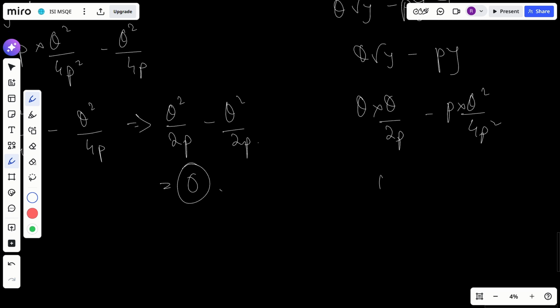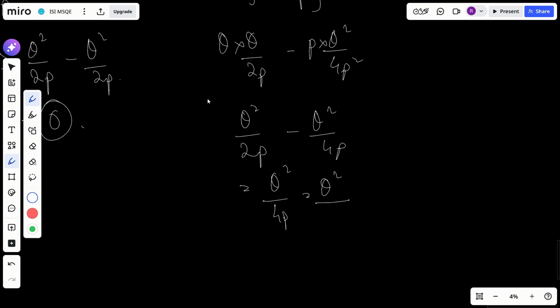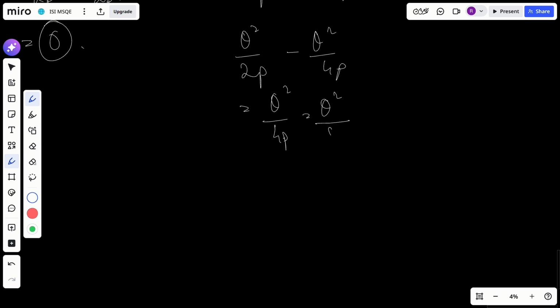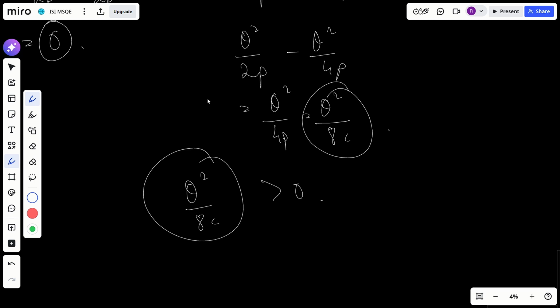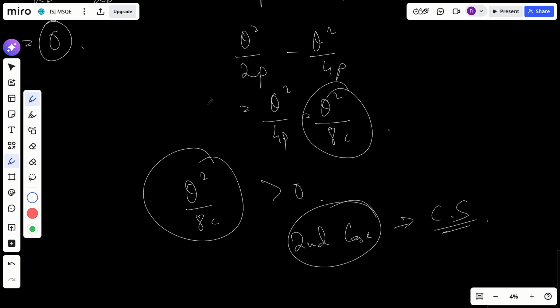So this will be theta square by 2p minus theta square by 4p, which is equal to theta square by 4p, or theta square by 4 times 2c, because in the second case our p was equal to 2c. So we'll write theta square by 8c. You can see this is strictly greater than 0. So in the second case our consumer surplus is higher, but social surplus is higher in the first one.